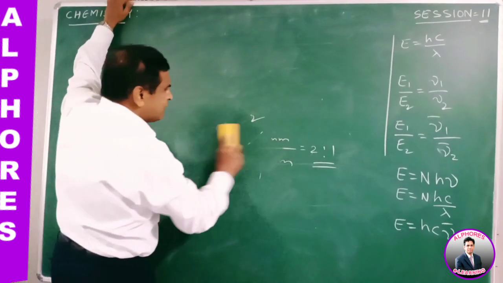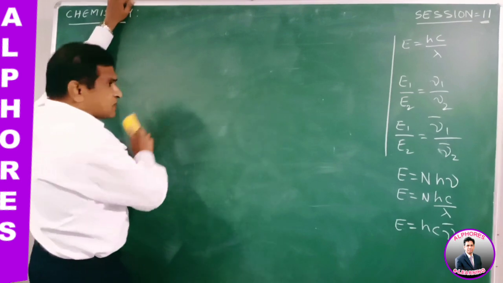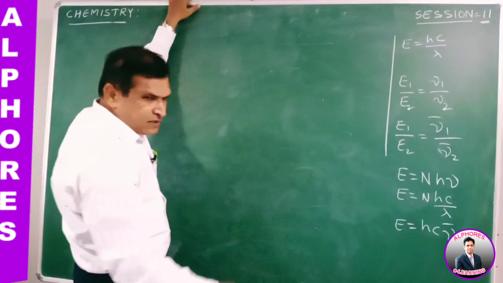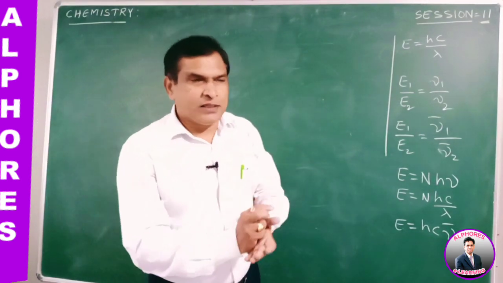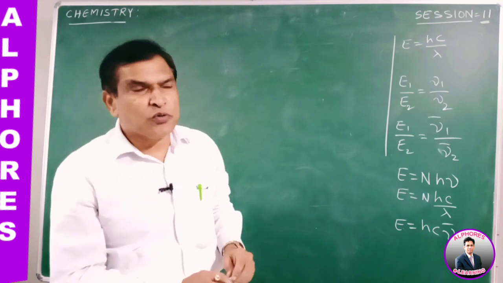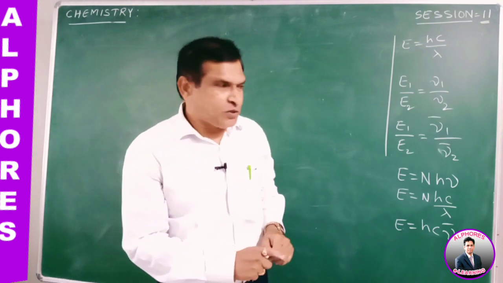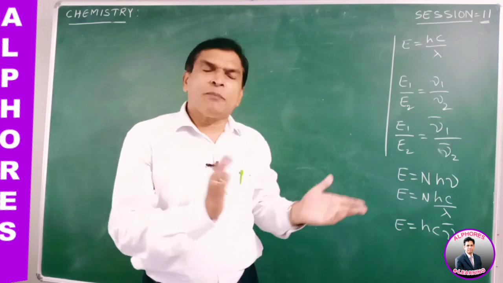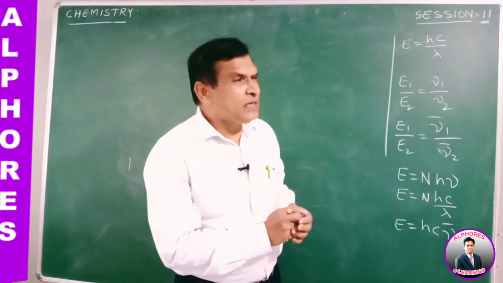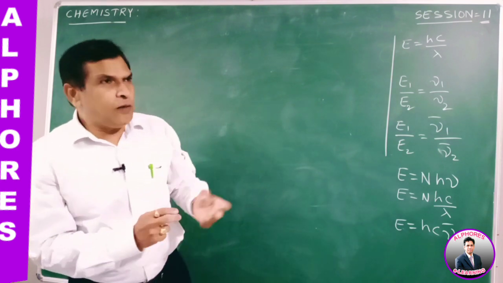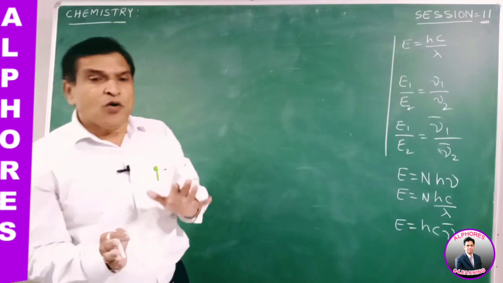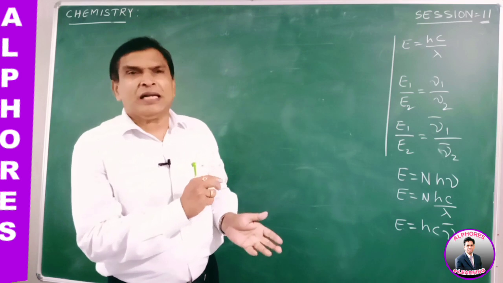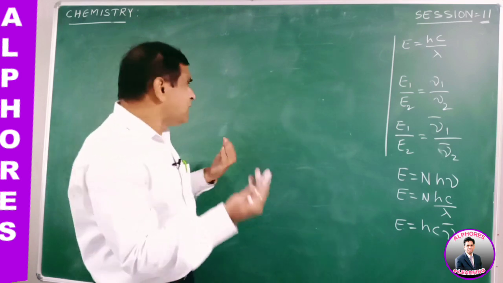The second problem we have done, and coming to the next problem, let us work out on the photoelectric effect. The theory content was completed in the previous session. First let us define what a photoelectric effect is, then we can go into the numerical.